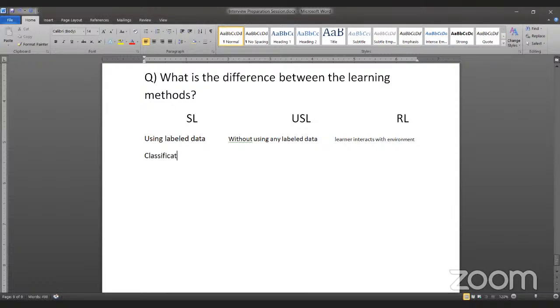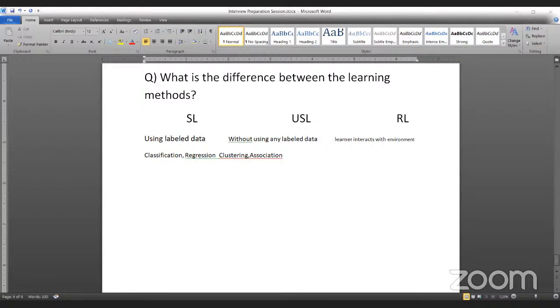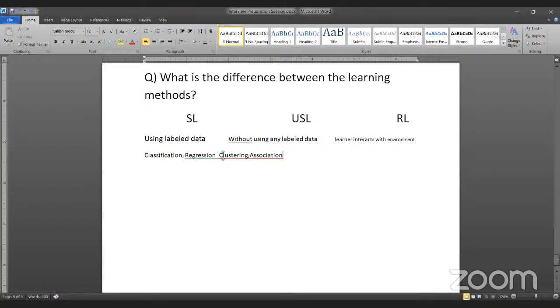In unsupervised learning, we have clustering and association.